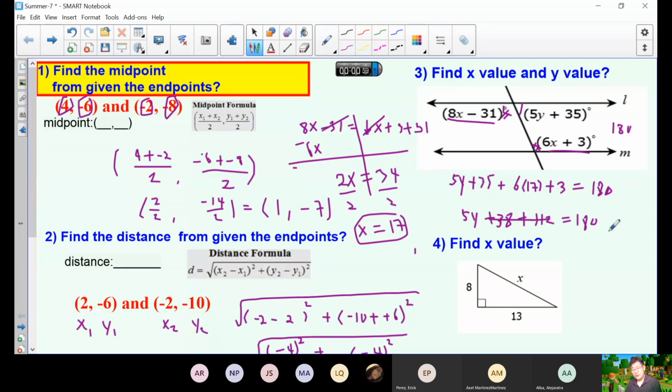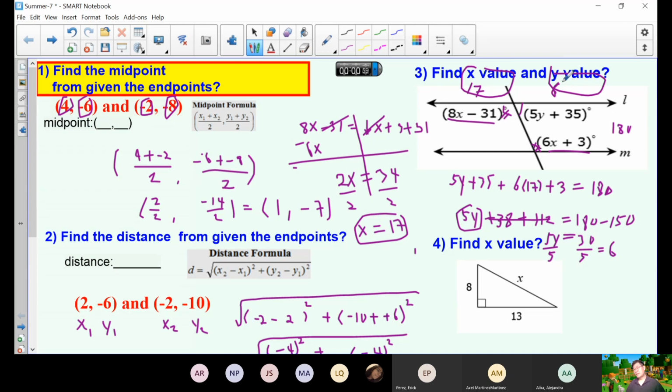This 150, go to the other side, minus 150, right? So it gives you 40. And we have 5y. Divide by 5. So the answer is what? 6. Y is 6. X is 17. X value, Y value.